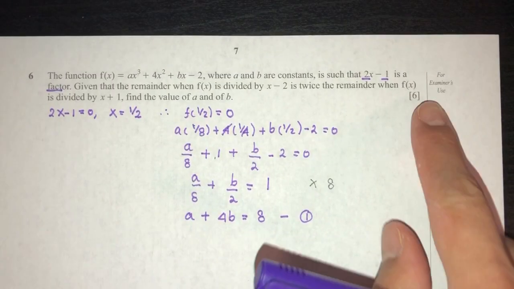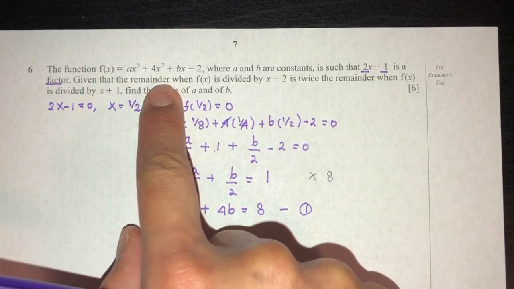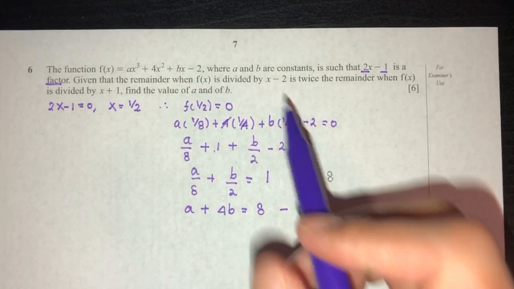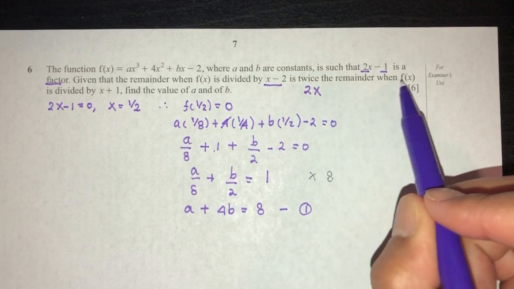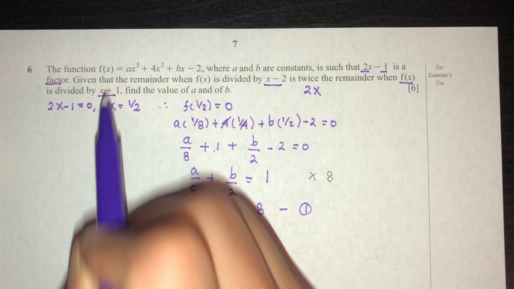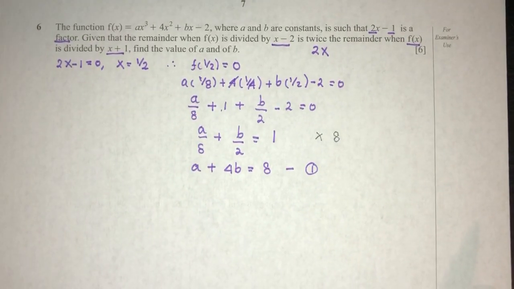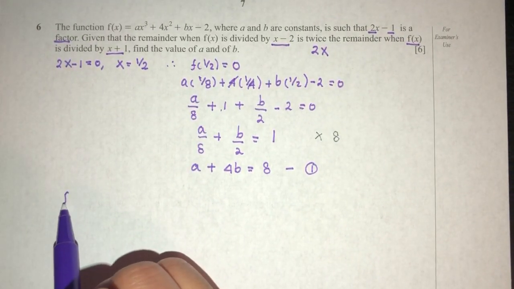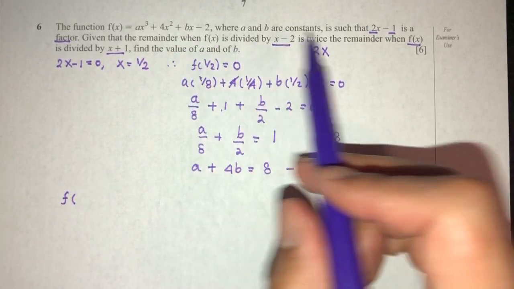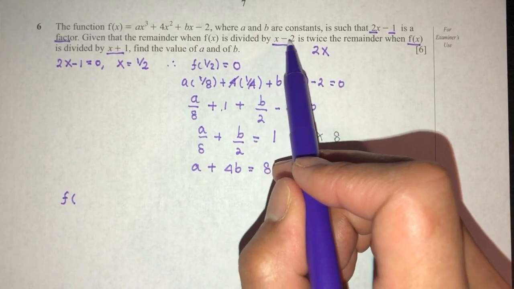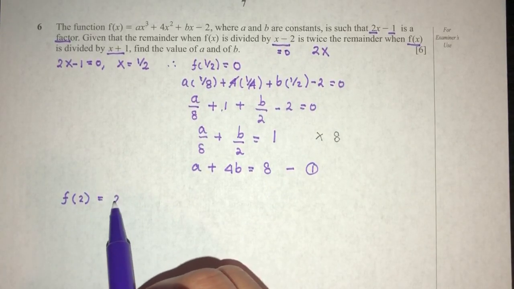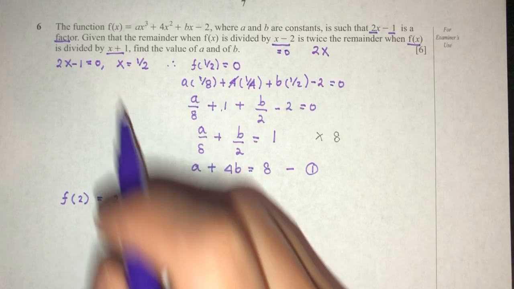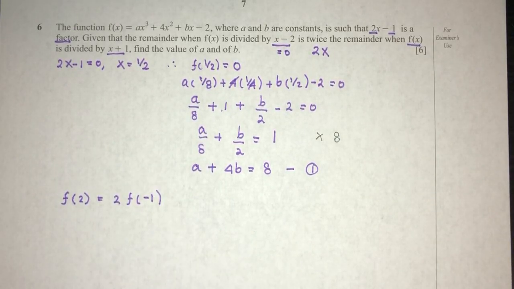Now moving on to this one here, we are given that the remainder when f of x is divided by this one is 2 times the remainder when f of x is divided by this value. Pretty easy. So we can derive that when f of x is divided by x minus 2, equate to 0, x is 2, the remainder is 2 times f of minus 1. So replace the values and find an equation.